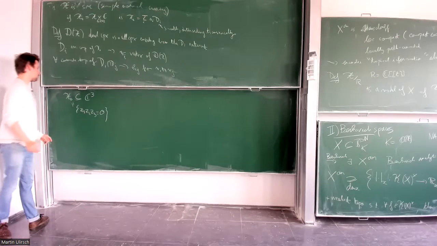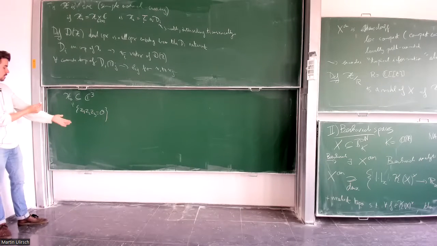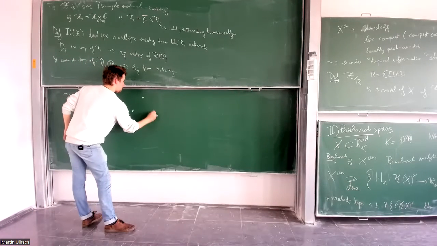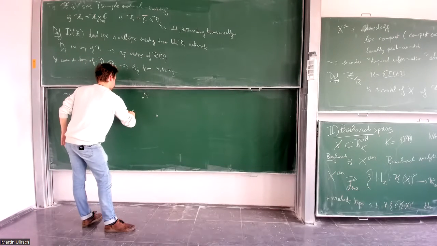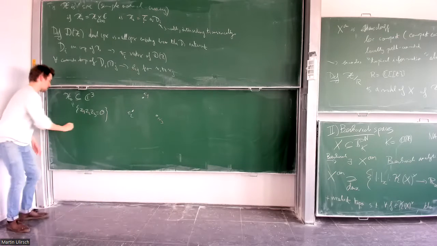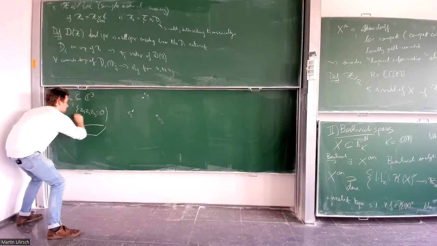So this is the union of 3 copies of C2 intersecting transversely. So I'm going to have 3 vertices, V1, V2, V3, corresponding to the irreducible components. Then maybe I'd draw the normal picture first.